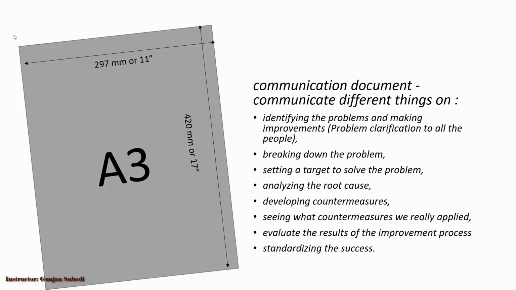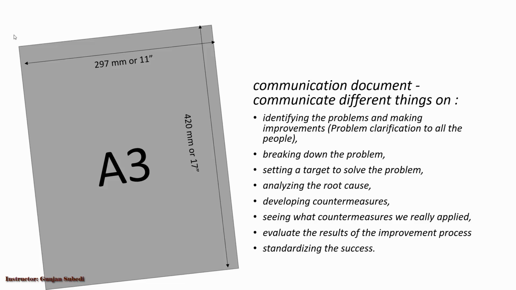You will see that a lot of these points communicated by the A3 problem solving document are similar to the A3 problem solving or root cause analysis approach. A3 thus summarizes all the improvements made to eliminate the problem in a user-friendly, communicable way.